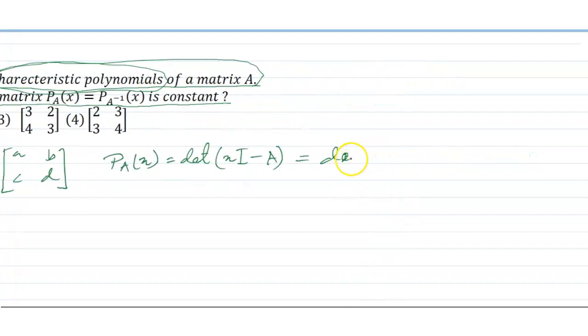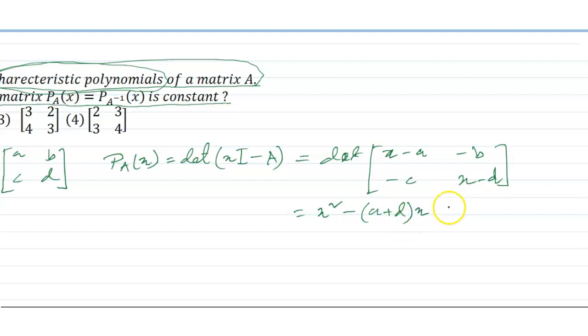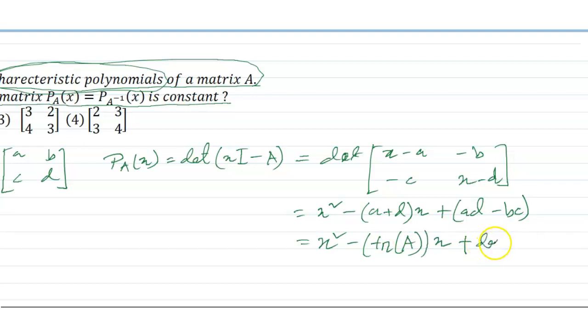So the value is the determinant of x minus a, minus b, minus c, x minus d, and this value is x square minus (a plus d) into x plus ad minus bc, and this value is x square minus trace of A into x plus det A. Another factor is PA inverse.